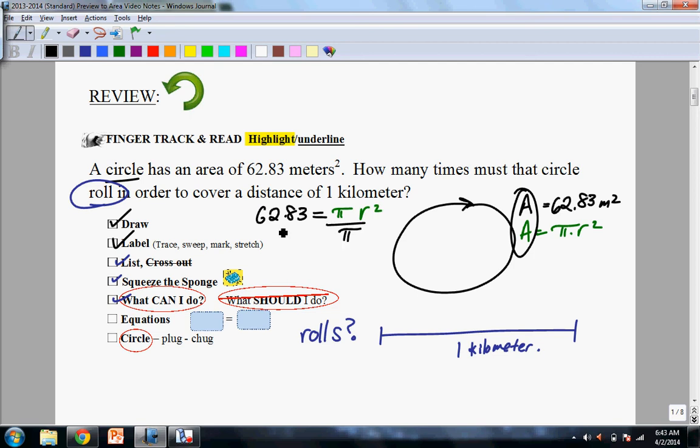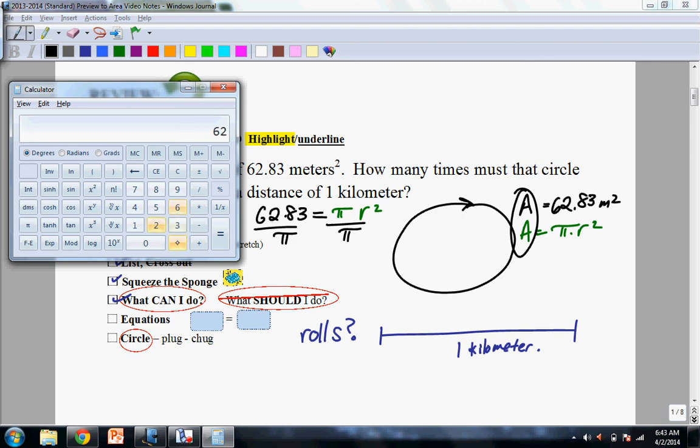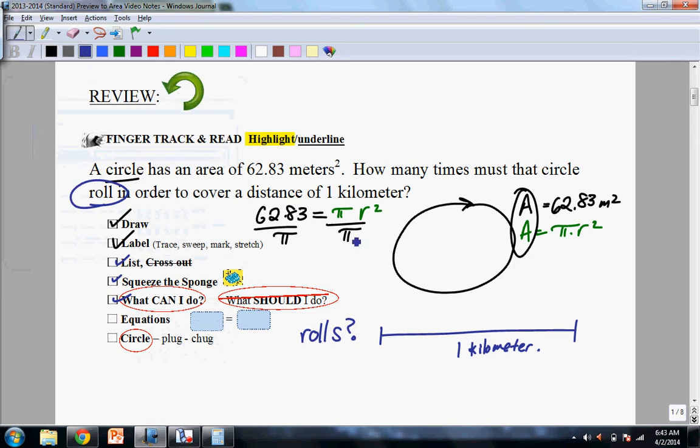We're going to solve by dividing by pi, and then we're going to square root. And we get 4.5 basically. So we divide by pi, and then we square root, and we have the radius equals 4.5.